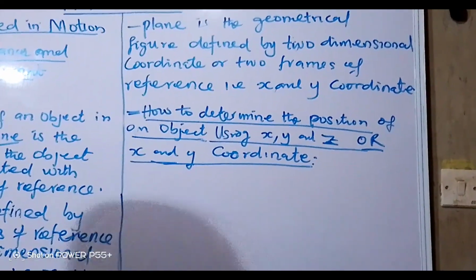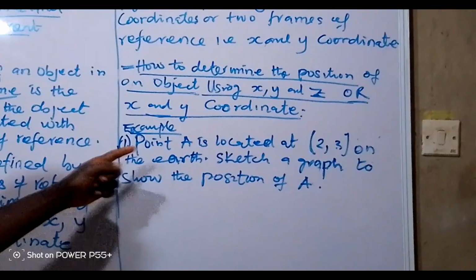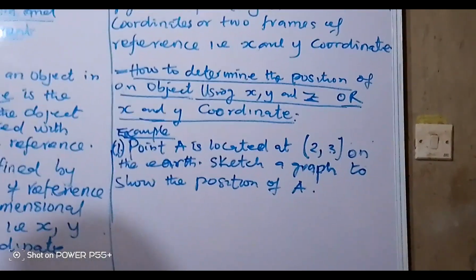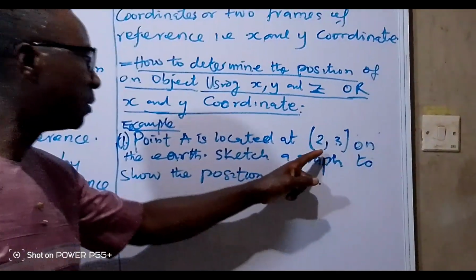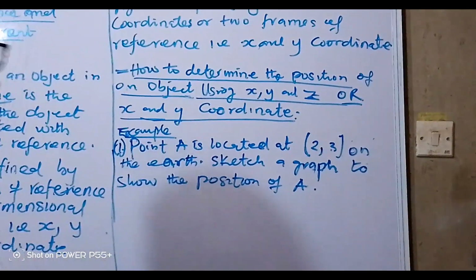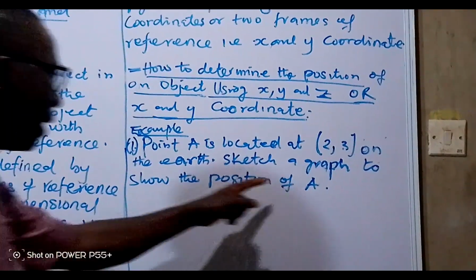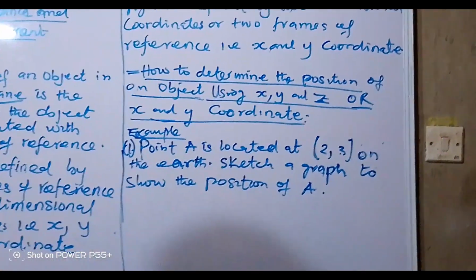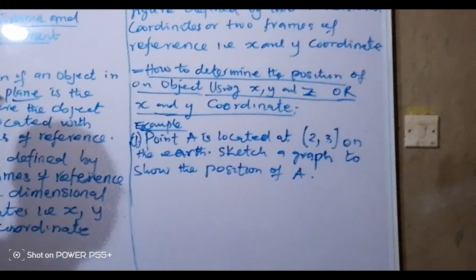Now let's look at an example. From this example 1, point A is located at (2, 3) on the Earth surface. Sketch a graph to show the position of A. Solution.